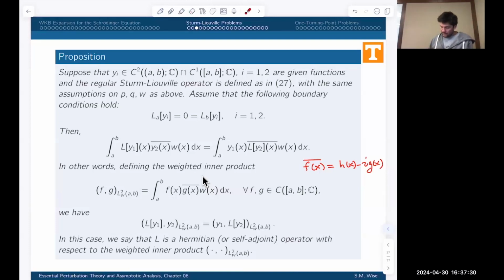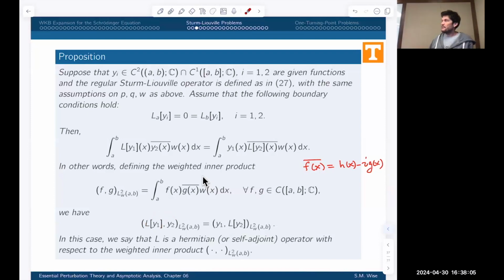So if I introduce this weighted L2 inner product, then this condition up here can be written like this. Now, this is probably familiar to those of you who have taken courses in linear algebra before. This says that the L operator is a Hermitian or self-adjoint linear operator in this weighted L2 inner product. Because I can take the L operator off of y1 and throw it onto y2.